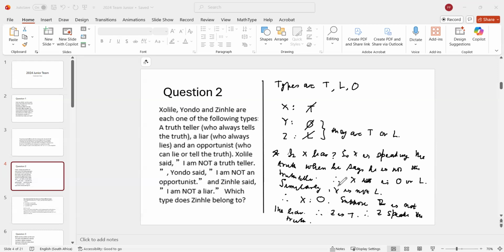These are very tricky, these logical problems. So they say, which type does Zinhle belong to? And I came to the conclusion that he belongs to the T group.